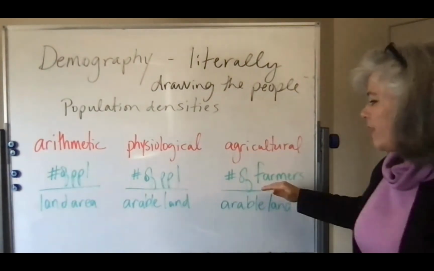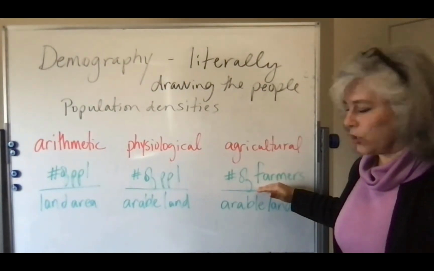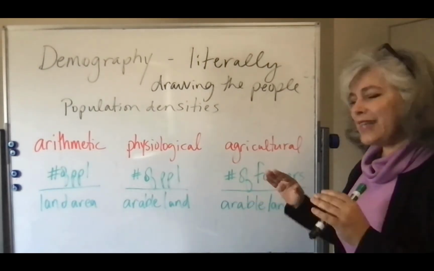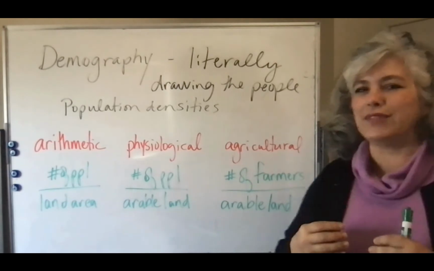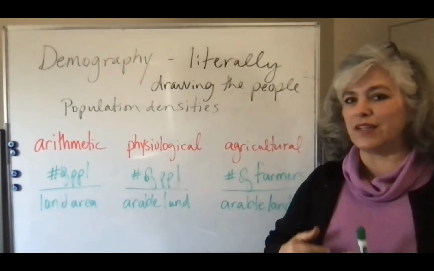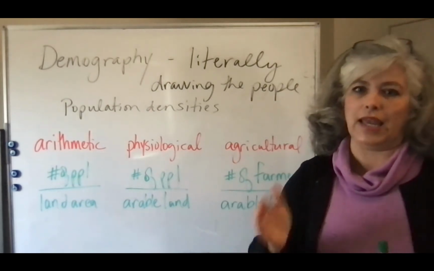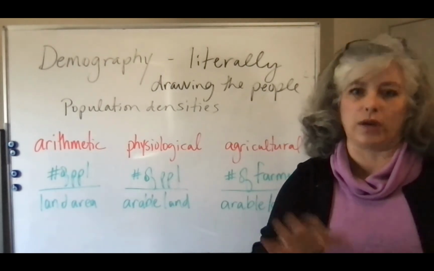So if you have a large number of farmers per the amount of arable land, that tells us something about the amount of technology or the amount of industrialization that is not present in your culture, in your nation.